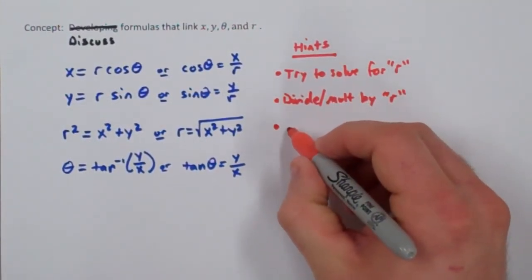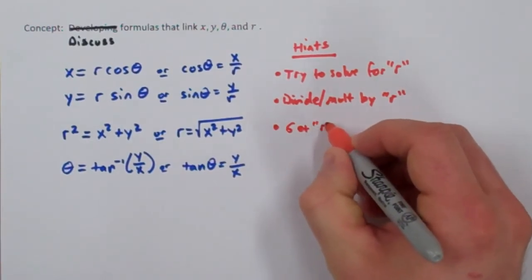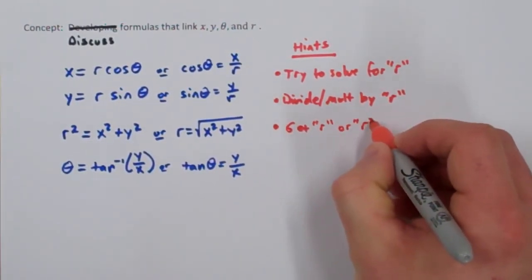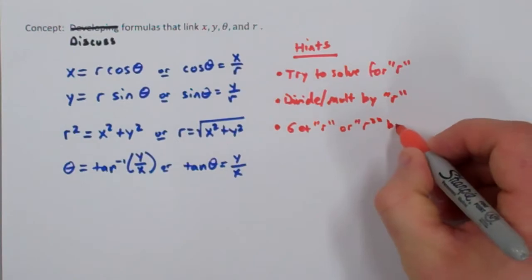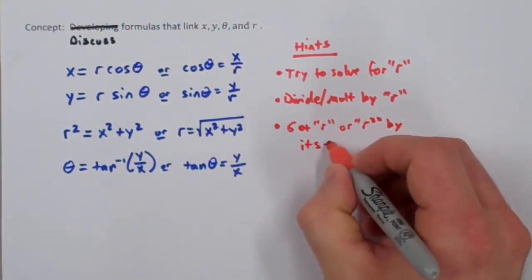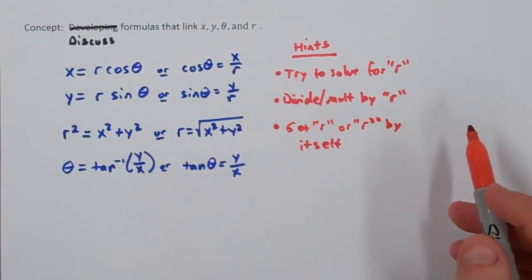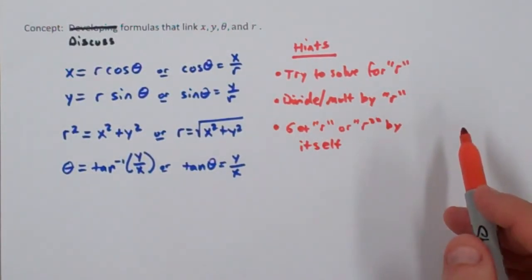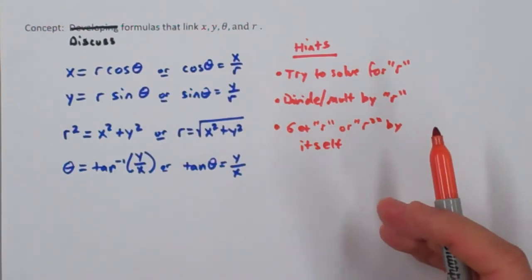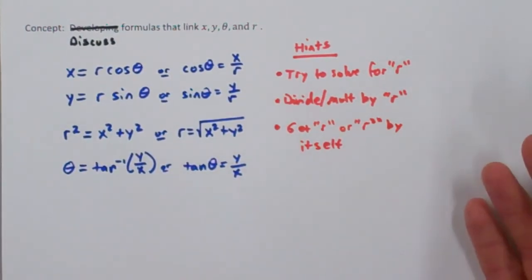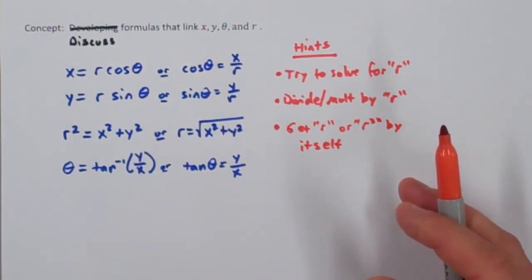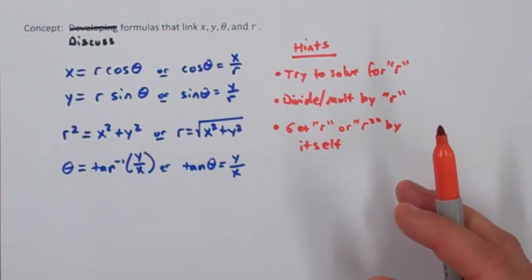The next thing is to get r or r squared by itself. That's kind of the same thing as the hint up here, try to solve for r. Or, if it's still not solved for, you can still get it by itself. So if you had something like r cosine theta plus r squared, that would work.